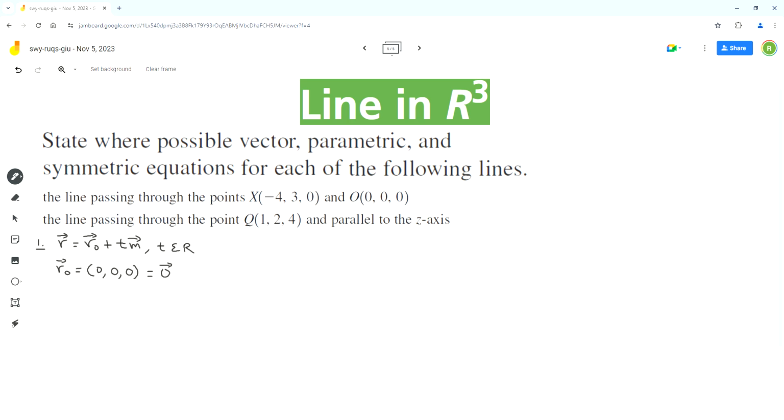Now we can find the direction vector of the line, and for that we'll have to subtract the position vectors of the 2 points that lie on the line. Since one of the given points is the origin, the direction vector of the line will be the position vector of point X. It is equal to the point X.